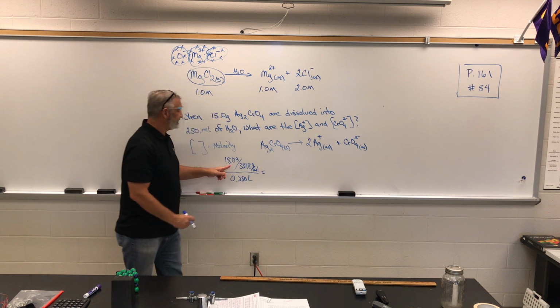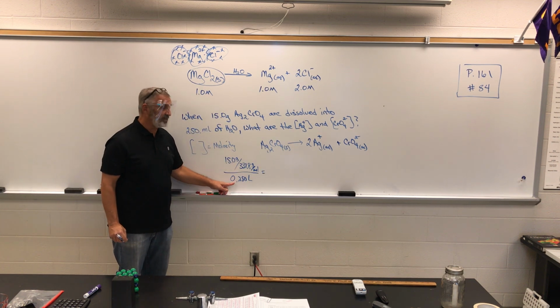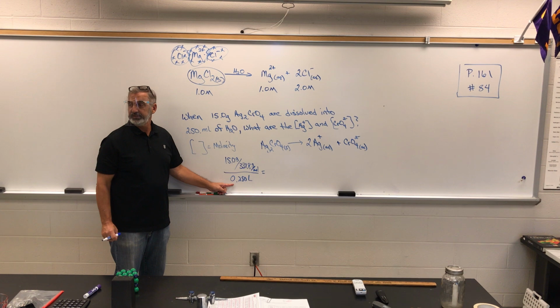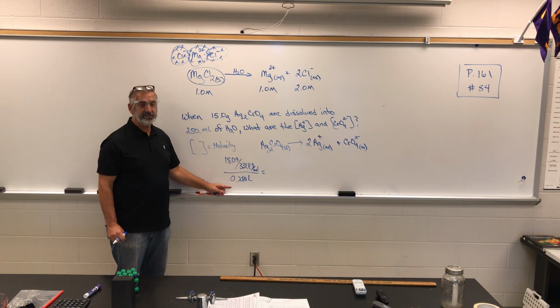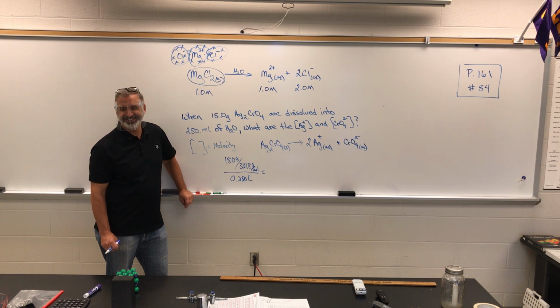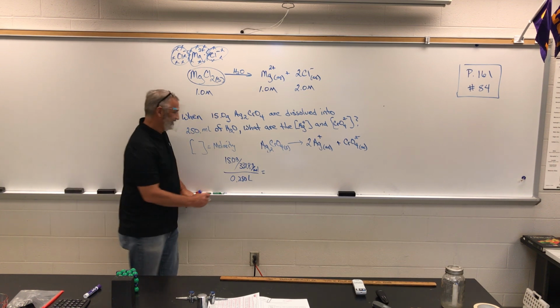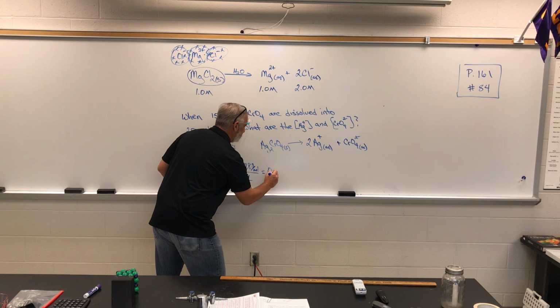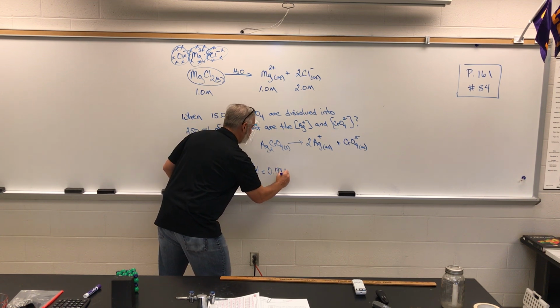So now just go 15 divided by 331.8 divided by 0.25. And we get this divided by this divided by this. Alright, so everyone can see the final answer. 0.1808. Yes. Say 0.181 molar.